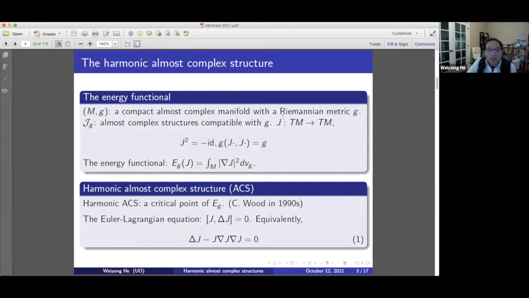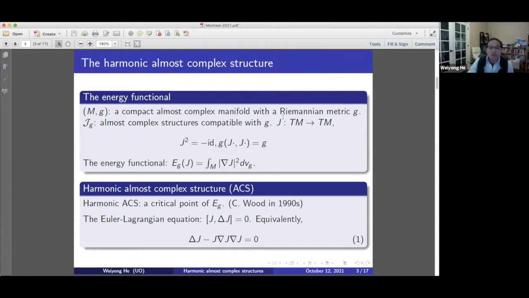So this story dates back to the 1990s for almost complex structures. Given a compact almost complex manifold with Riemannian metric, we talk about almost complex structures J compatible with this metric.